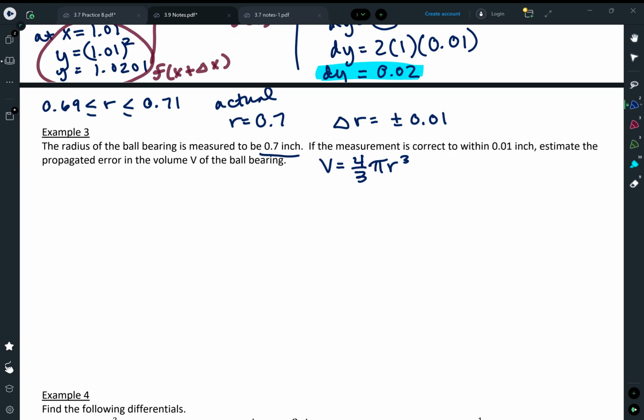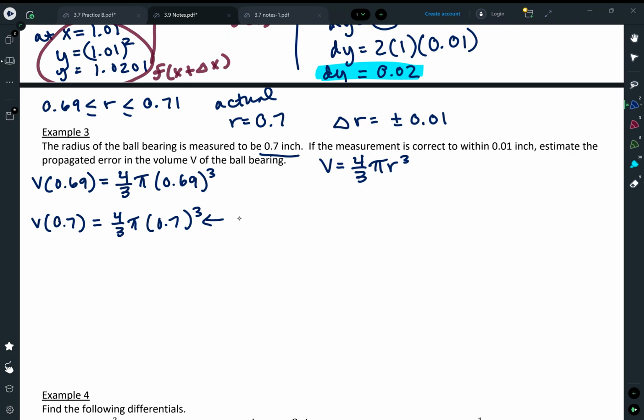So if I think about what's going on, my V of 0.69, this is where I wish I had a calculator handy, but I do not. That would be when I take 4/3 times pi times 0.69 cubed. And then the actual one that I want would be V of 0.7. And so this is what we actually want.